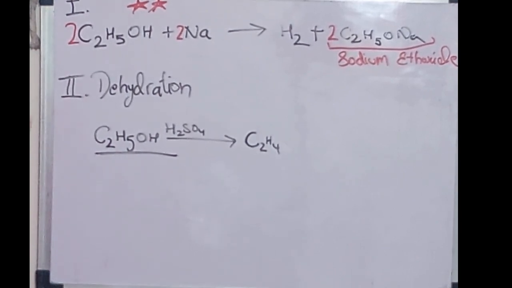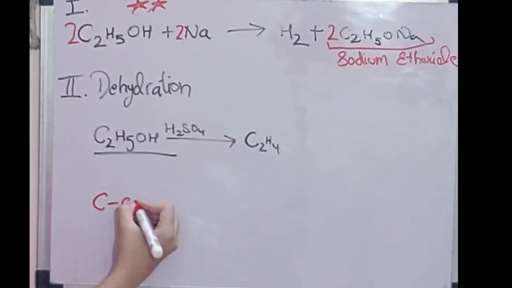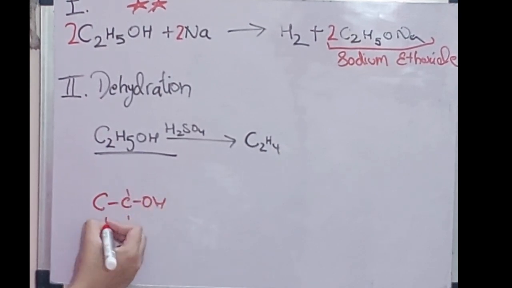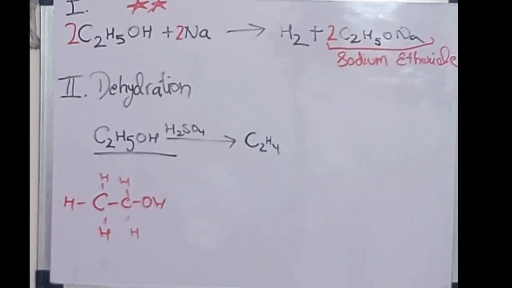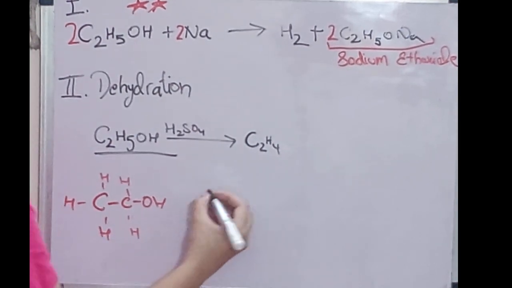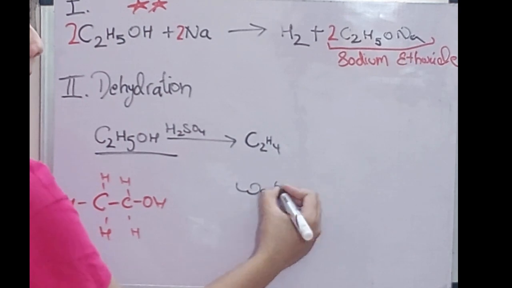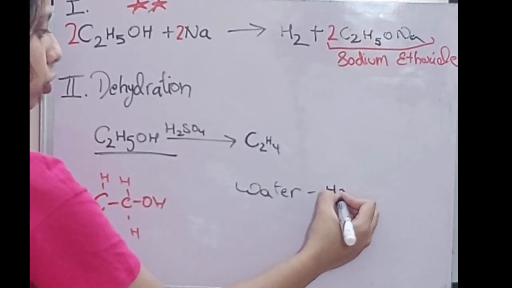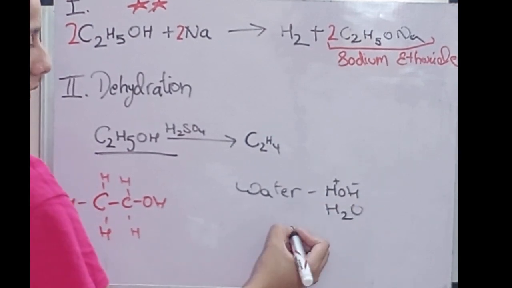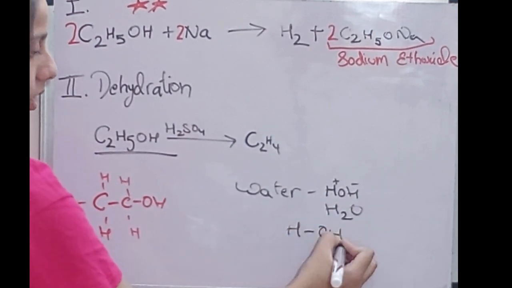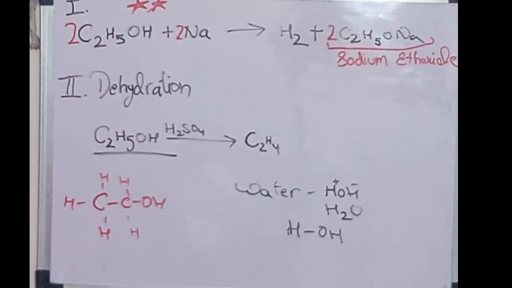Now let me just try to describe how. H, H, H, H, H. Okay. Now dehydration means removal of oxygen, water. Water क्या होता है? Water is basically HOH, जिसको हम लिख देते हैं H2O. इसका फॉर्मूला कुछ इस तरीके से दिखता है. Okay.